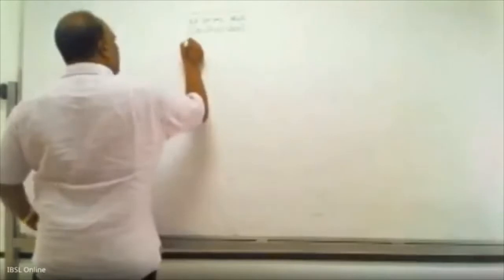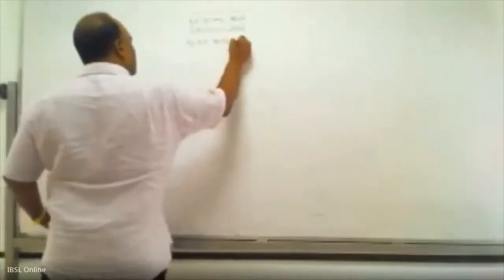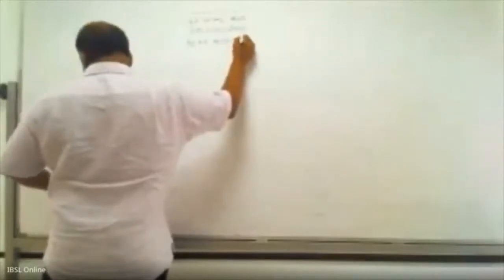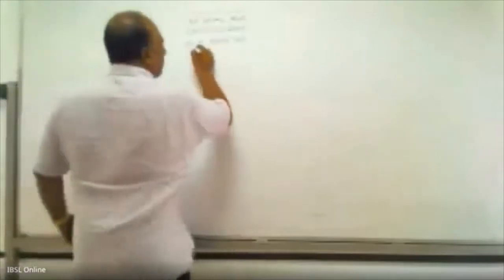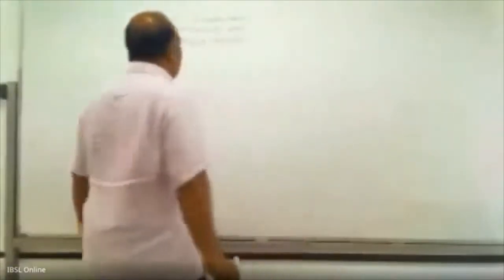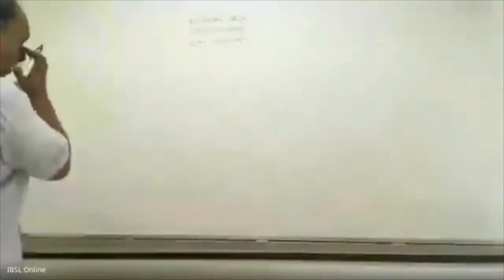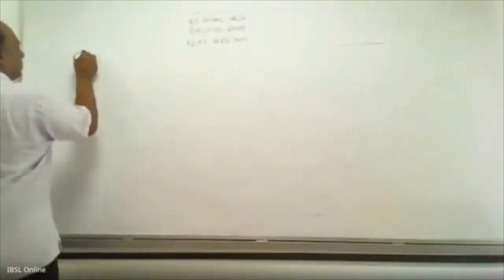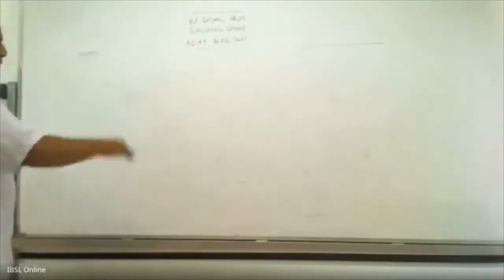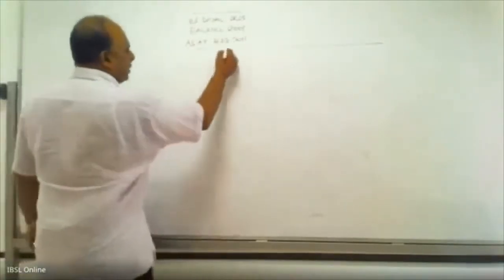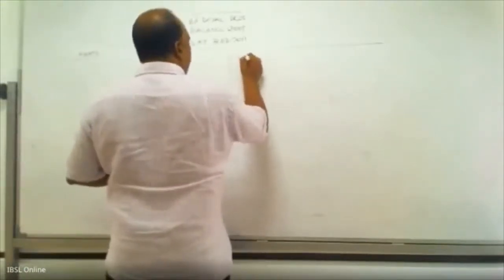A balance sheet is prepared as at a particular date. This is as of 31st March 2011. We'll try to do it on two sides, assets on one side and liabilities on the other side. Ideally, you have to do it one below the other, but I'll try to do it on the right and the left side.